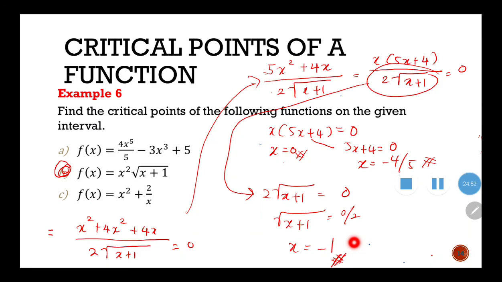And for the lower part here we have x equal to minus 1. So for question 6b, there are 3 critical points, which are minus 1, minus 4/5, and 0. So that concludes our lecture for today. Okay, see you guys.